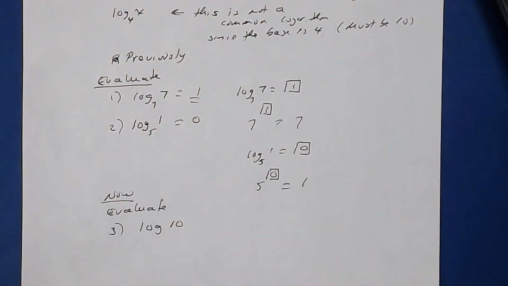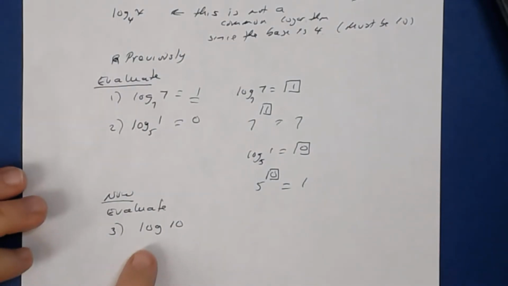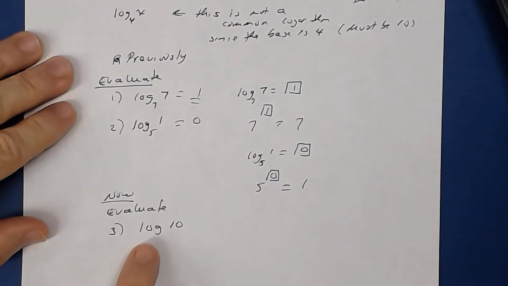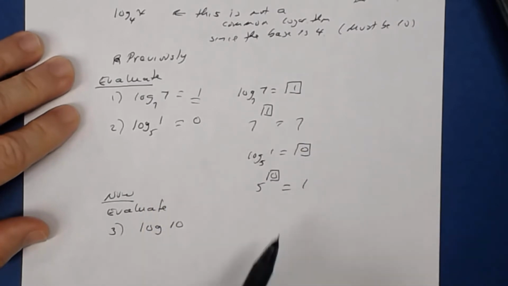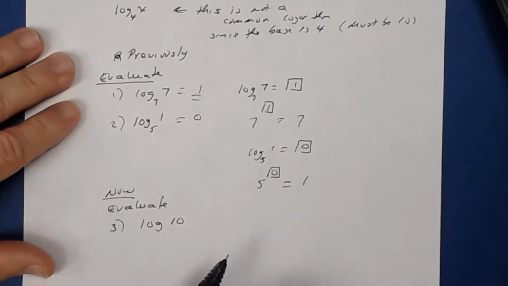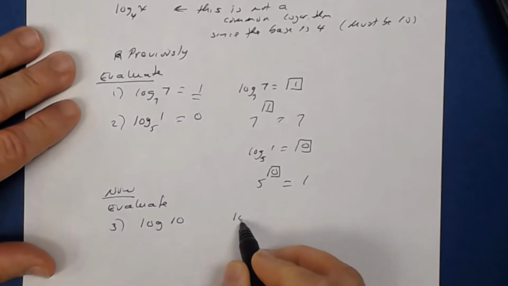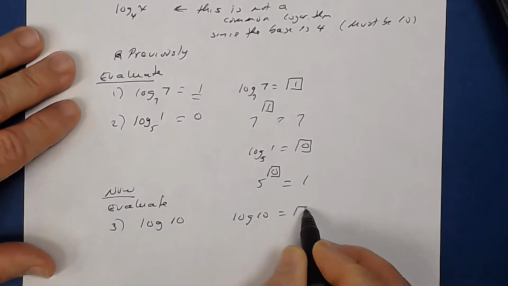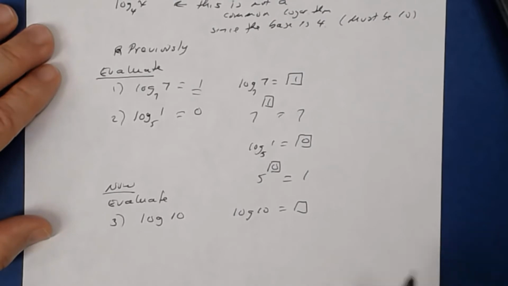Okay, log of 10. All right, now, some of you are going to look at this and say, if I want to evaluate this, I'm going to do the same way I did this. I'm going to write a little box on the other side. Okay, we can do that. So let's say log of 10 equals box, right? Okay, no big deal. We can handle that.